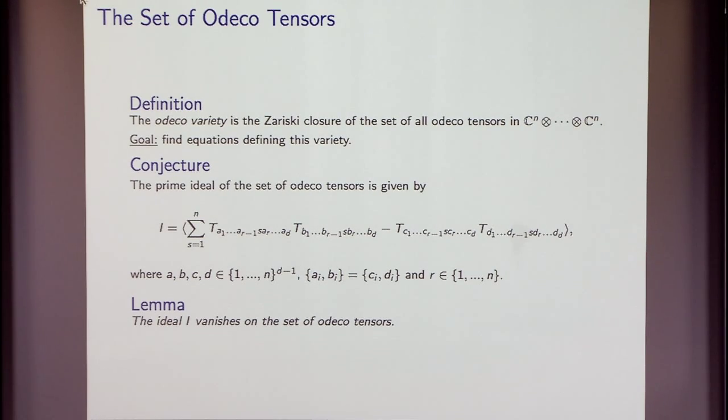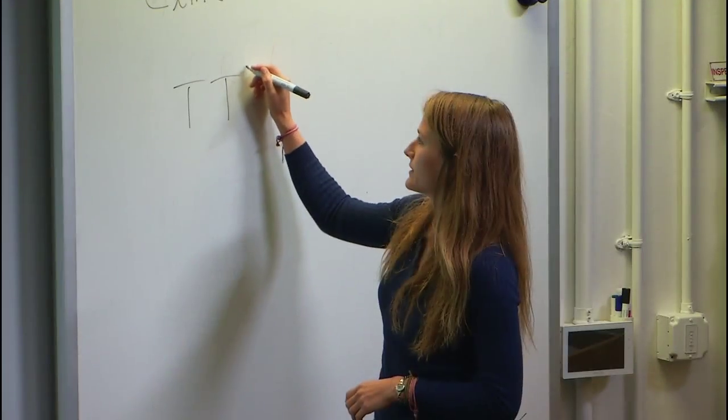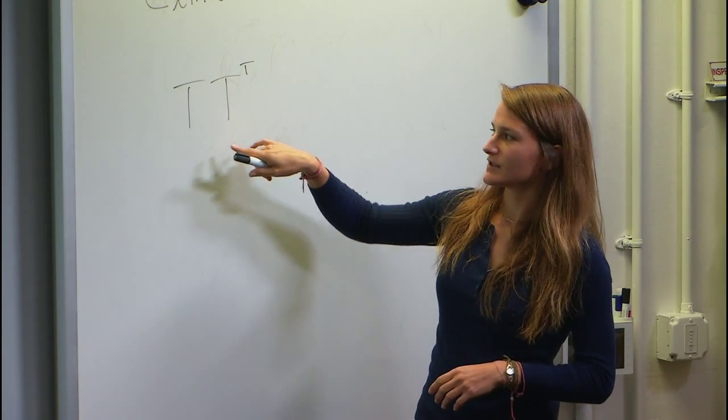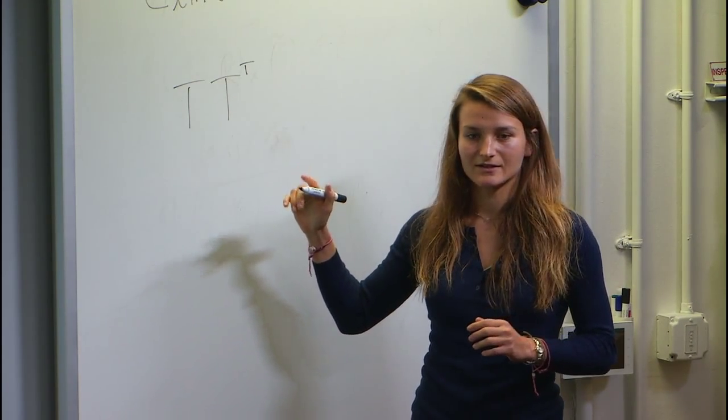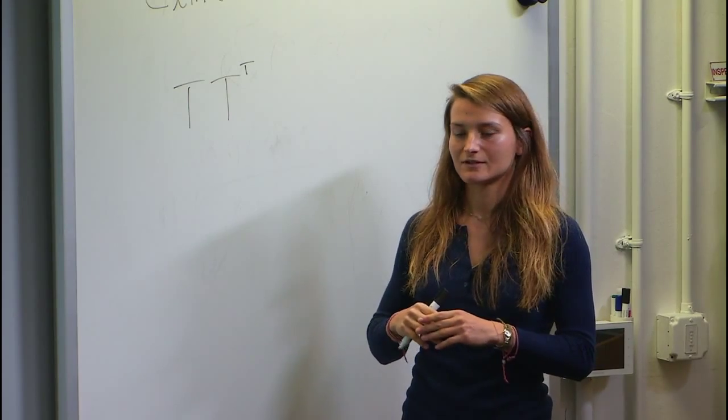And since I have some time, I can tell you that one way to think about this is as follows. If T was a matrix, these equations basically say that if you take T times T transpose, this matrix has to be symmetric. This is what the equations say, which is always true, and that's why there are no equations for matrices.